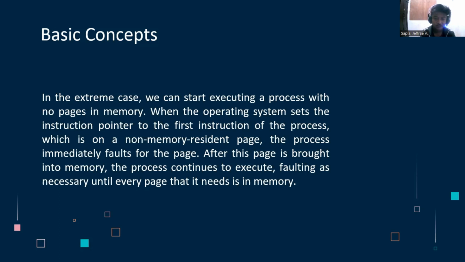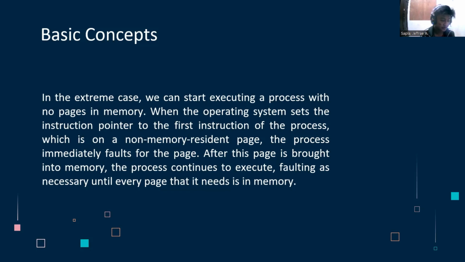When the operating system sets the instruction pointer to the first instruction of the process, which is on a non-memory resident page, the process immediately faults for the page. After this page is brought into memory, the process continues to execute, faulting as necessary until every page that it needs is in memory. At that point, it can execute with no more faults.